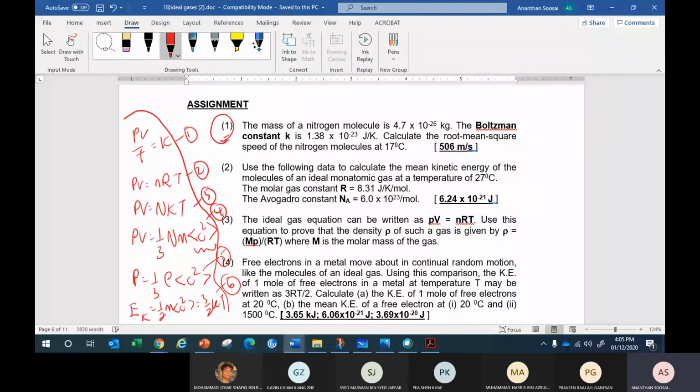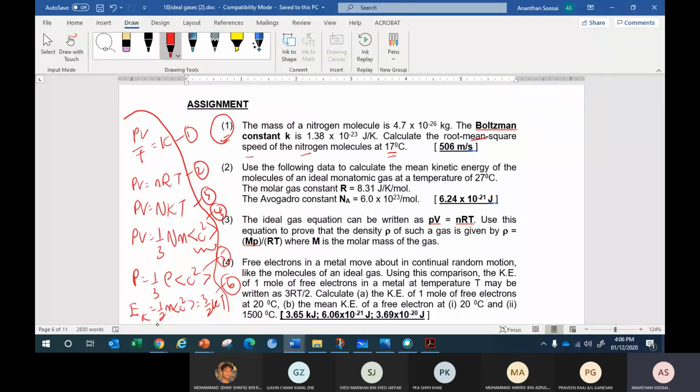First question, which formula, 1 to 6? Calculate the root mean square speed of the nitrogen molecule at 17 degrees Celsius. Anybody? 1 to 6. Yes, 1/2 m c squared equals 3/2 kT.